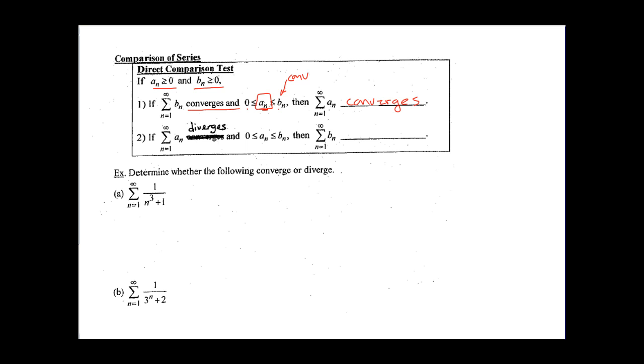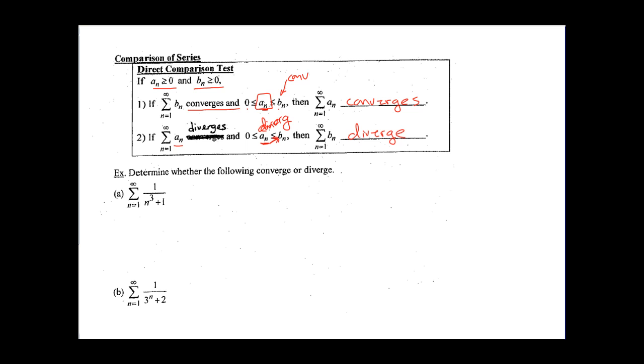In number 2, if a sub n diverges and a is between 0 and b again, excuse me, this one is diverging, not converging. It's diverging, shooting off to infinity, forcing that one to go to infinity as well since it's bigger.